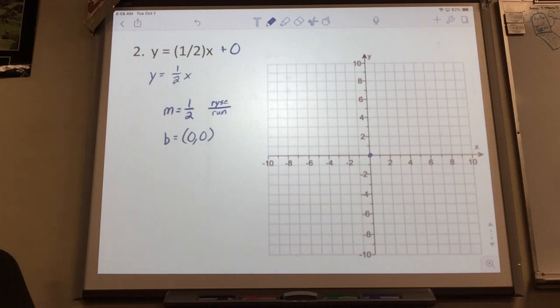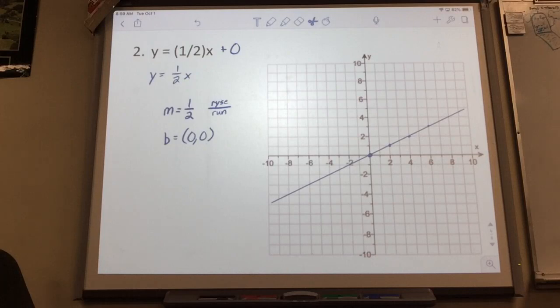So rise 1, run 2. Okay, if you have not noticed, I purposely misspell rise so that you remember that the y goes on the top. Okay, so the y is always on the top of rise over run.